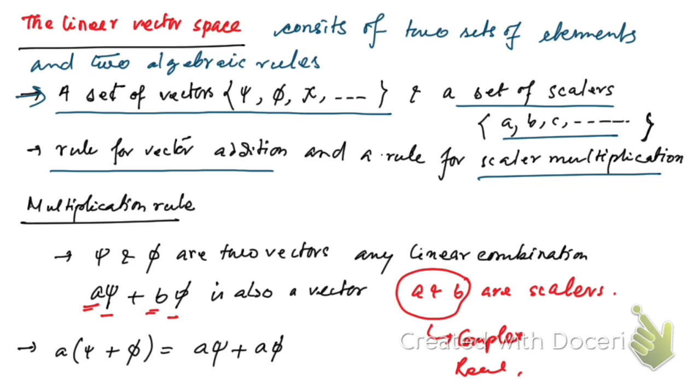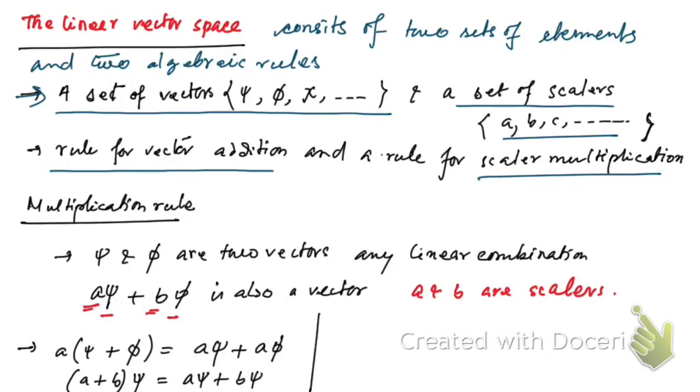Similarly, if we have the sum of two scalars, a plus b, into a vector psi, then it must give a psi plus b psi. Then the associative property with respect to multiplication of scalars, that is a into the product of b and psi, this is another rule, must be equal to the product of a and b into psi, right?